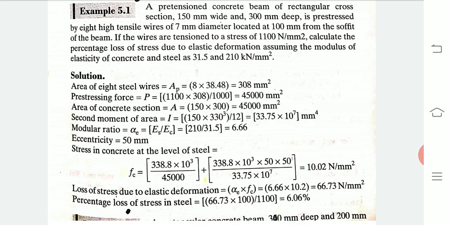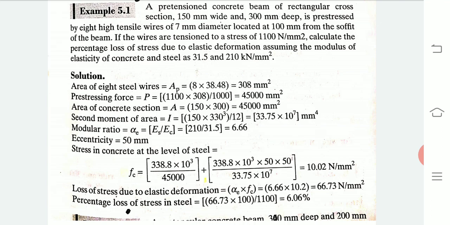Pre-stress is applied with an intensity of 1100 Newton per mm square. We have to calculate the loss of stress due to elastic deformation. The modulus of elasticity of steel as well as concrete are given.